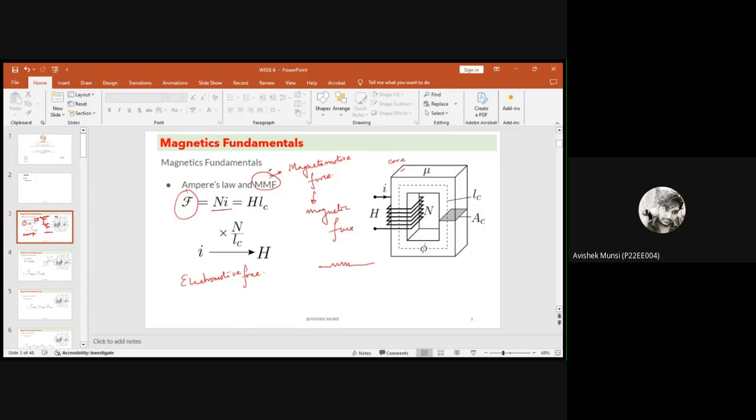That means the number of turns into the current flowing through it.